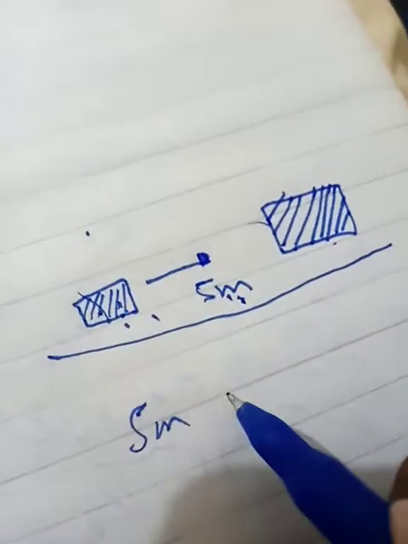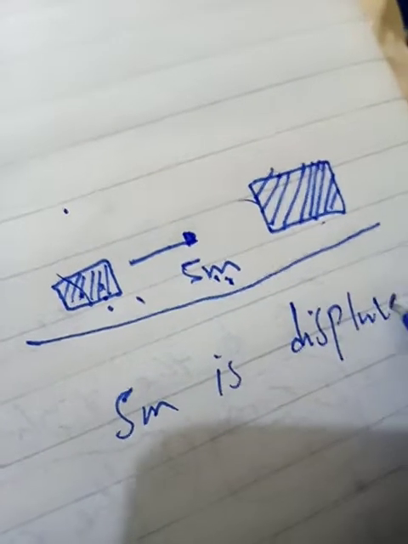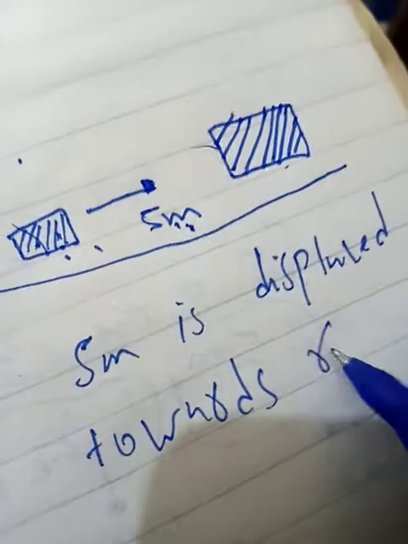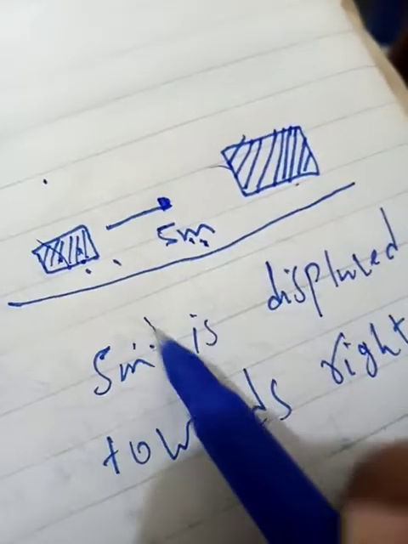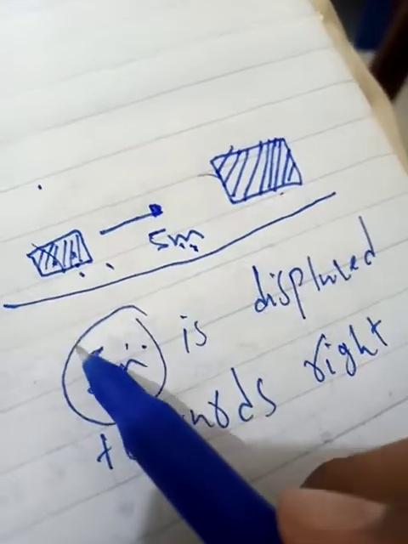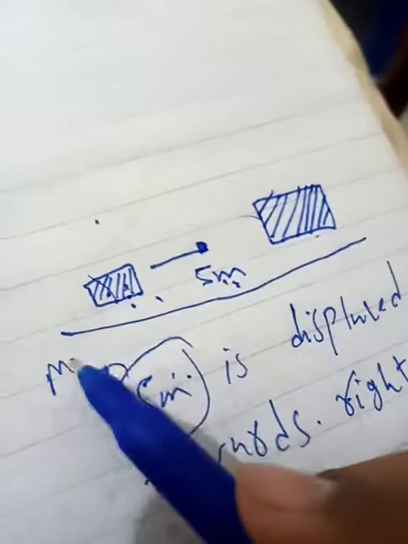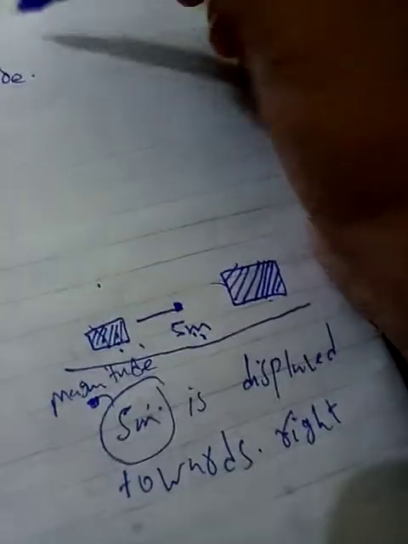So this 5 meter is the whole magnitude. What is that towards right? I don't know about it. Do you know? Okay, I know about it. I was just joking.